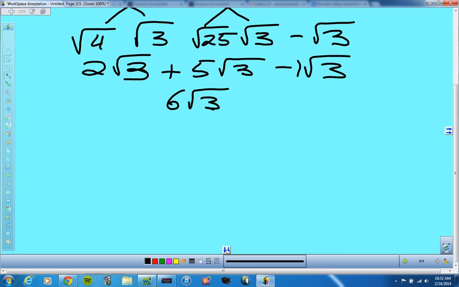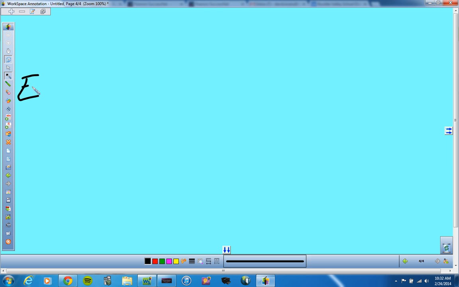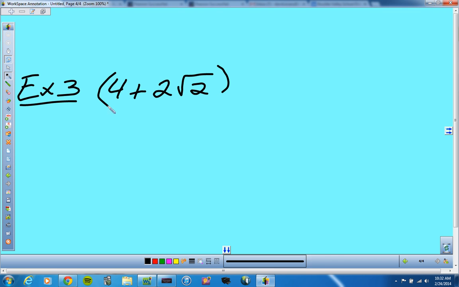You want to do another like that, or are you good? Not yet. I've got like 3 more big examples. So we're going to do 4 plus 2 root 2 times 5 plus 4 root 2.